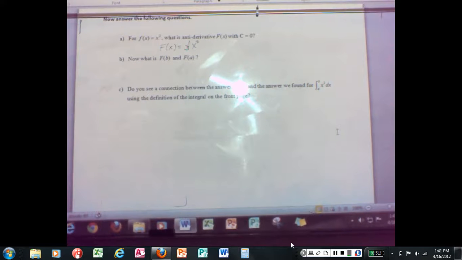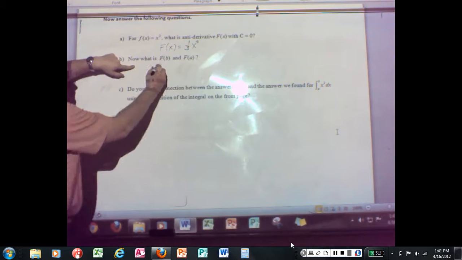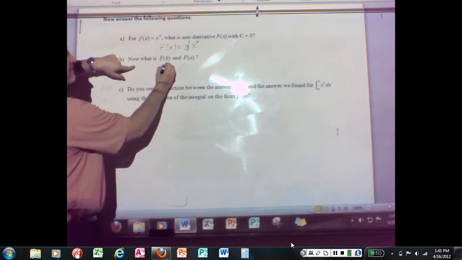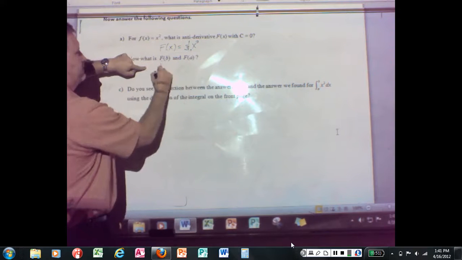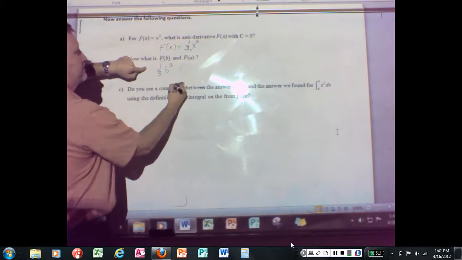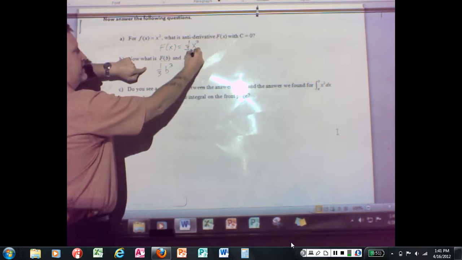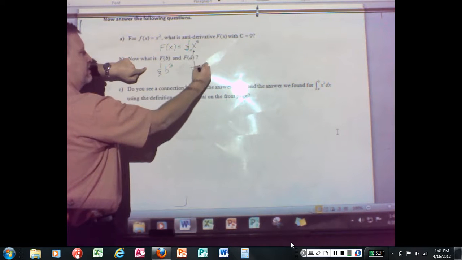It's 1/3 x cubed, and like I said, we're going to do c equals 0, because it really doesn't matter what c is in this case. It could be 1, it could be 2, but why not just let c be 0? Okay, now, what would big F of b, the antiderivative evaluated at b, be? Well, plug in b. It would be 1/3 b cubed. The antiderivative evaluated at a would be 1/3 a cubed.